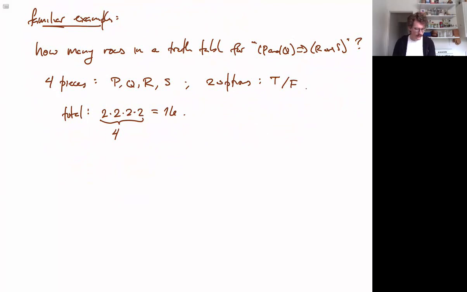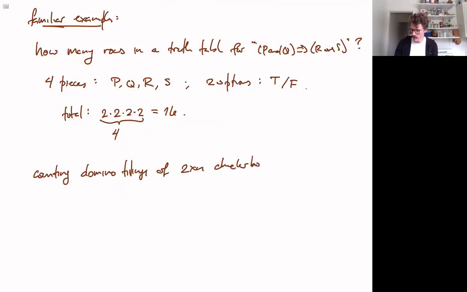Here's another one with the sum rule. So when we were counting domino tilings of a 2 by n checkerboard, and let's say that a_n equals the number of 2 by n tilings.